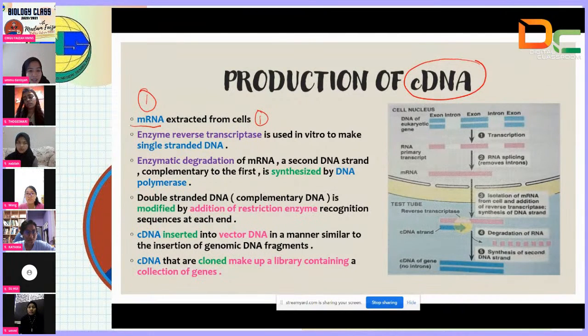Alright, how to produce the second DNA? What enzyme do we use? DNA polymerase. Yes, DNA polymerase. Okay, so what happened to the mRNA just now, as a template?